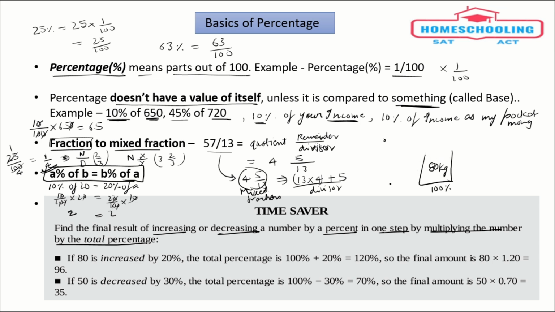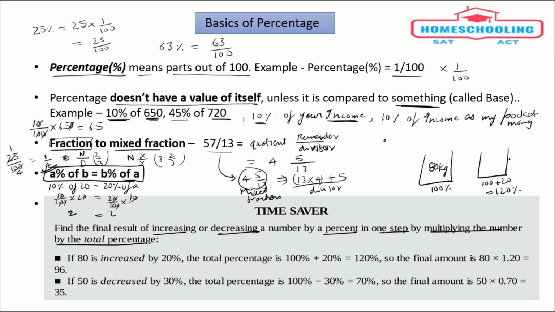So if something is increased or decreased, let's say the rice bag size has been increased by 20%. So what would be 100 plus 20? That would be 120%.